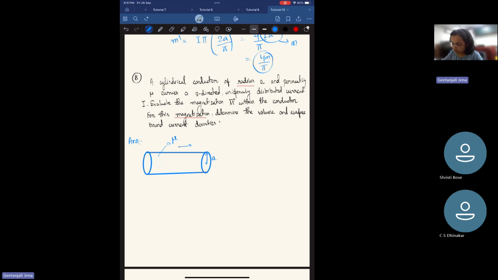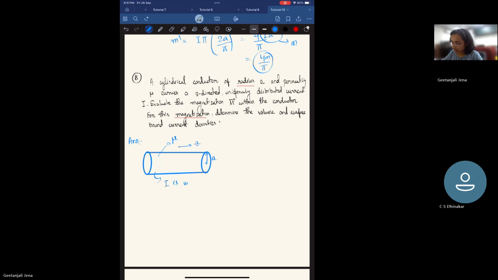So current is flowing in the z direction and it is uniformly distributed. First part, you need to calculate the magnetization M within the conductor. Second part, for this magnetization, determine the values of the surface and the volume current density.